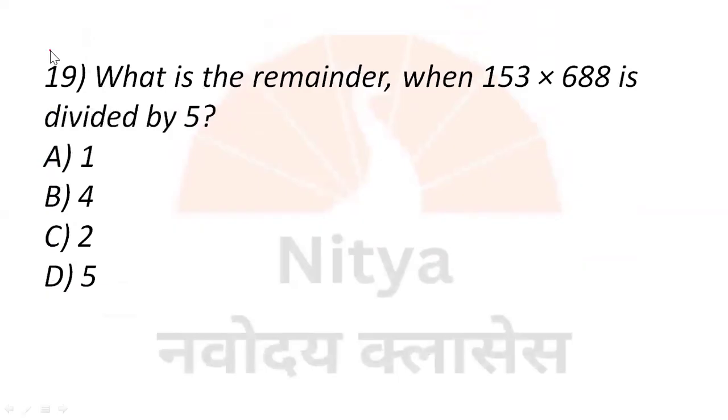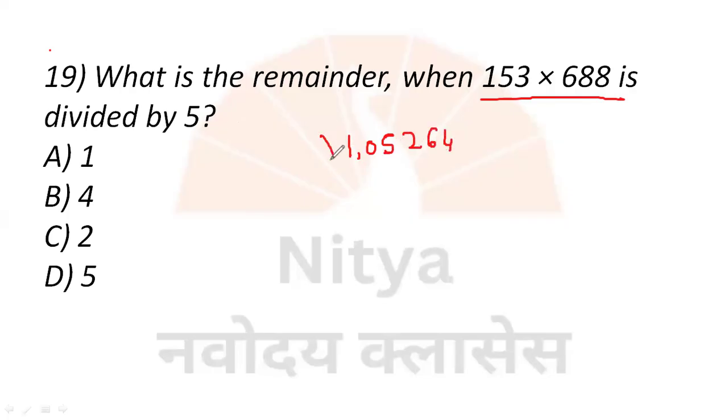What is the remainder when 153 into 688 is divided by 5? Here also there are two methods to find this. The first method is you have to multiply 153 into 688. When you multiply we get 105,264.